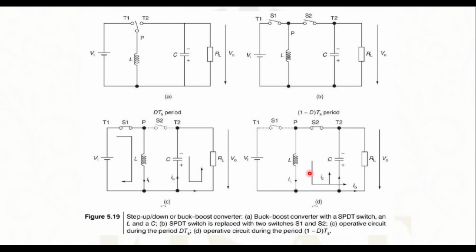Please keep in mind that during the D·Ts period, the voltage across the inductor is Vi, and during (1 minus D)·Ts, the voltage across the inductor is Vo. Here the polarity is reversed, so the voltage across the inductor will be minus Vo.